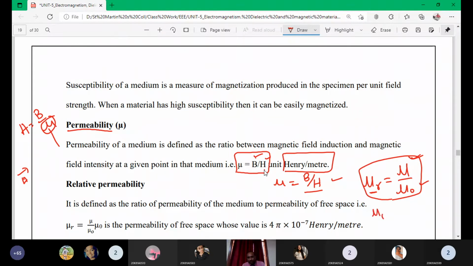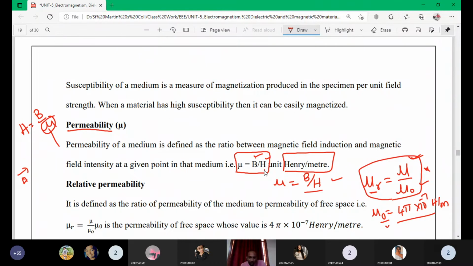The units cancel out, so there are no units. Mu 0 is a constant value, 4 pi into 10 power minus 7 Henry per meter. This is the free space or vacuum permeability.